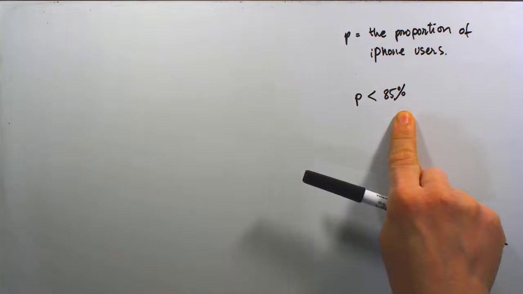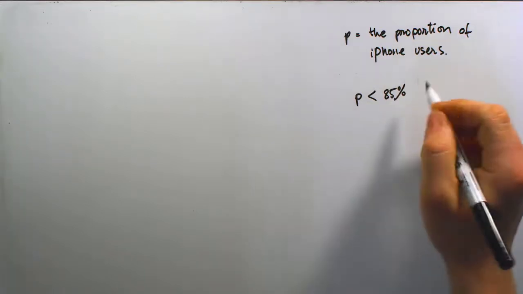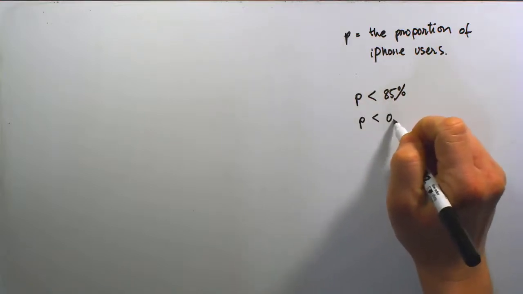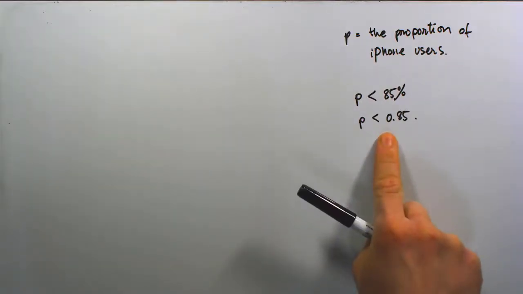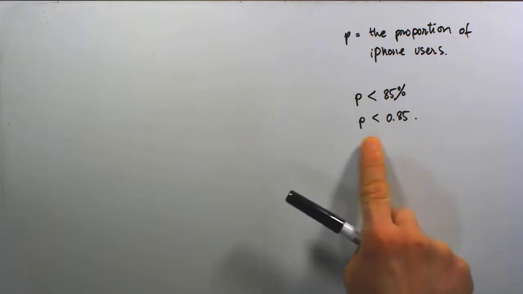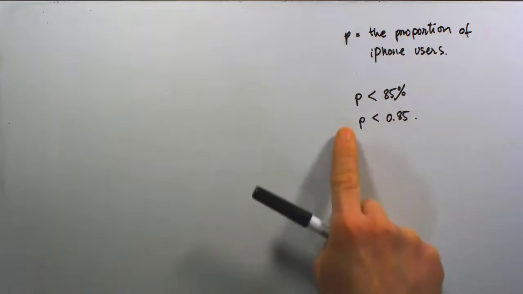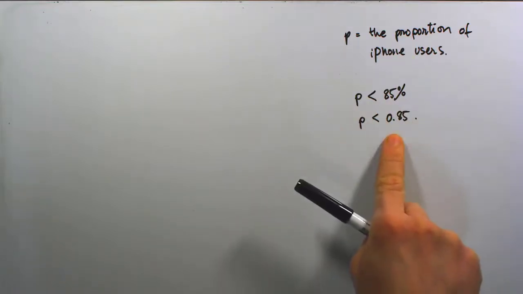This is the same as saying that we want to prove that P is less than 0.85. And so upon successfully translating the highlighted statements into a mathematical expression, according to what we've learned from the general lecture, this is going to be our alternative hypothesis, H1.